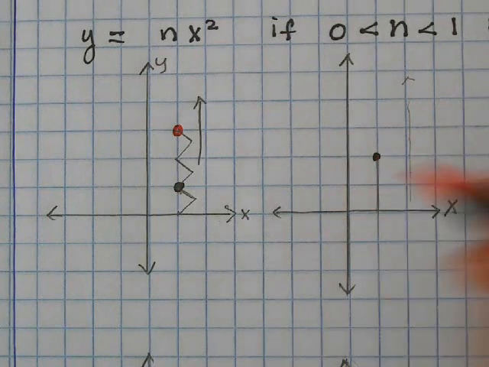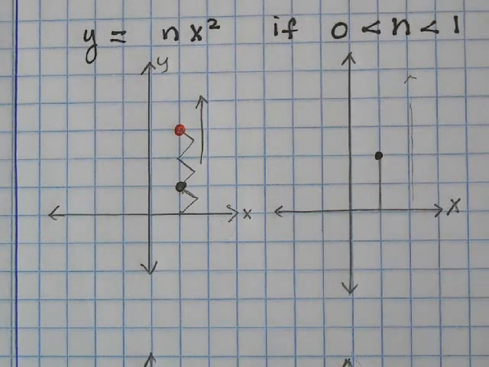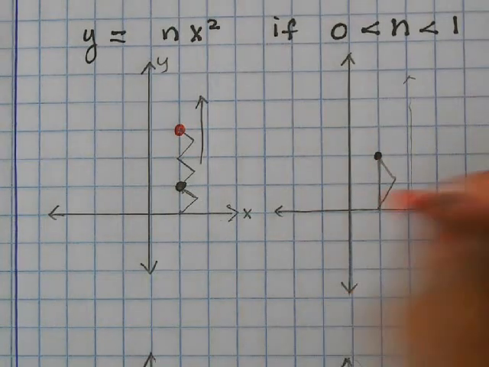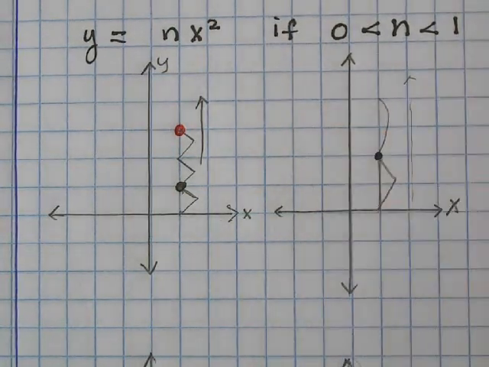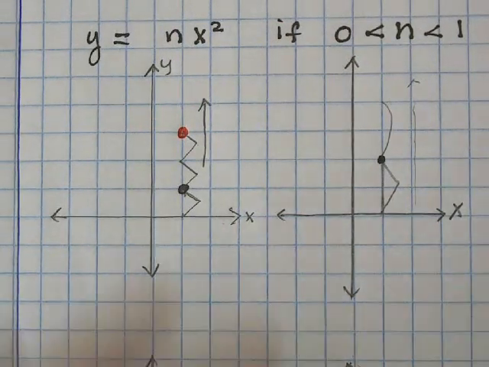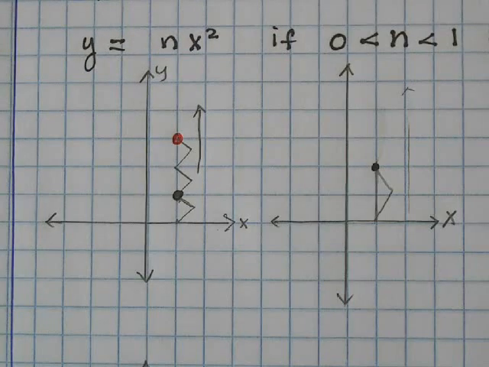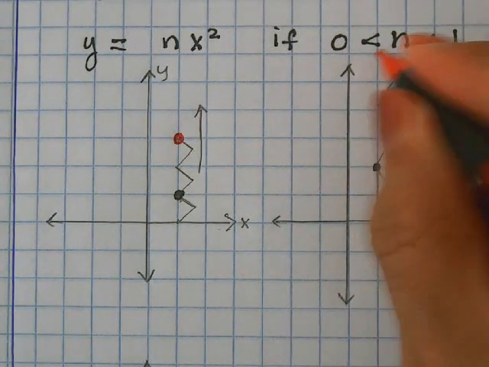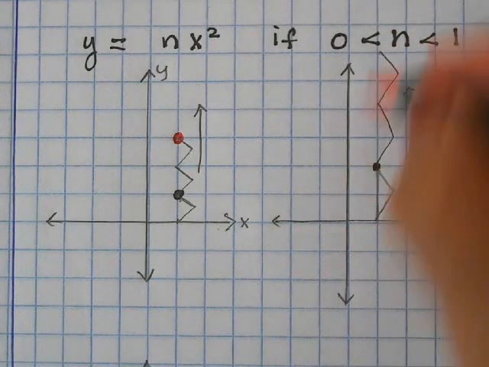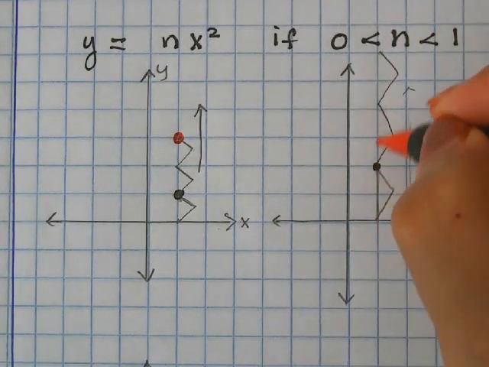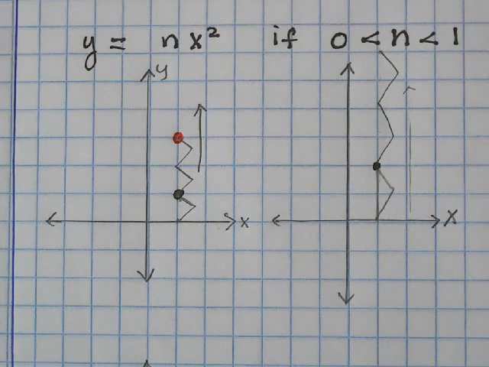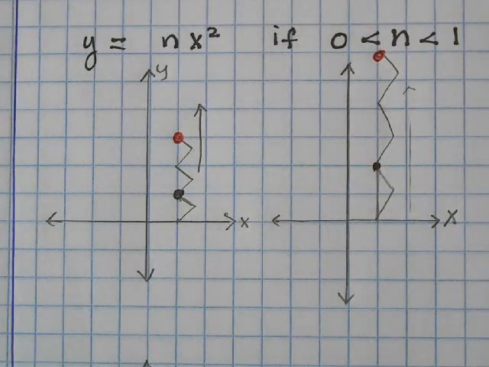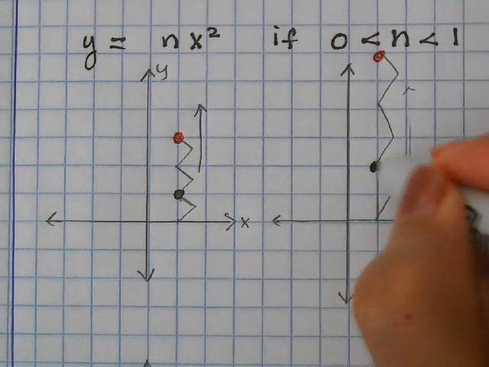I'm going to multiply that by 3. I'm not using this because you might think that is translation. We are not translating. So 1, 2, and 3. Instead of 2, it will now be 6. 1, 2, 3, 4, 5, 6. So this is stretching this point by a factor of 3.